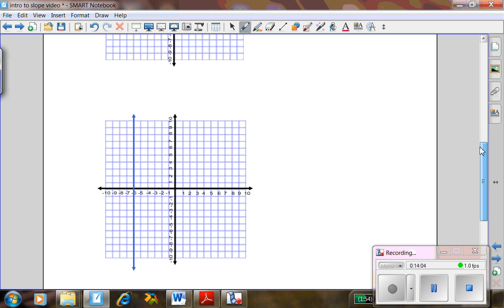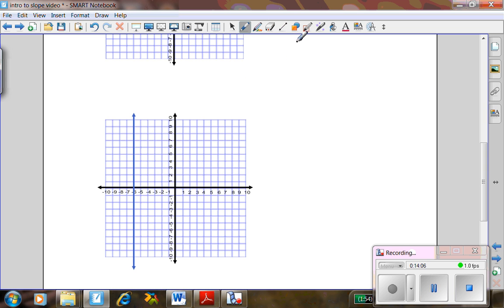Now over here, really quick, if I were going to take a point on this vertical line, let's take a point right here. I can rise 1, I could rise 2, I could rise 3. I can rise any number I want, but when I run, I'm not going to run any. I'm not moving at all to the right or to the left. So my rise might be 4.